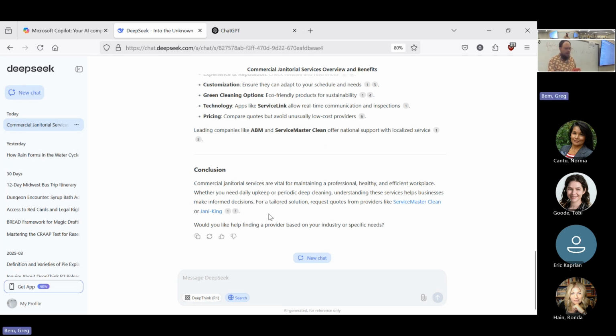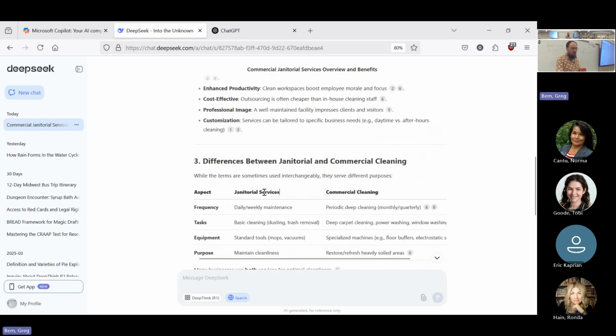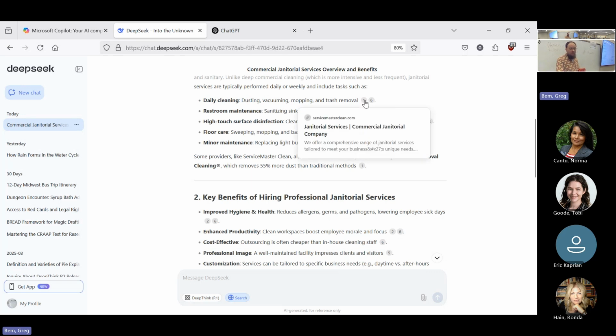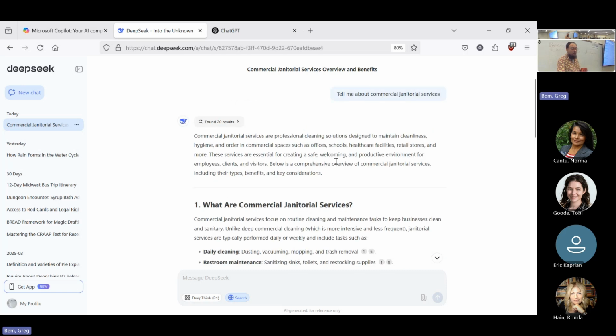And I also want to mention that a lot of these seem to be .com websites that it's citing. I haven't searched for commercial janitorial services before, but in this case, it looks like the majority of the websites it's using are private businesses that are talking about commercial janitorial services.